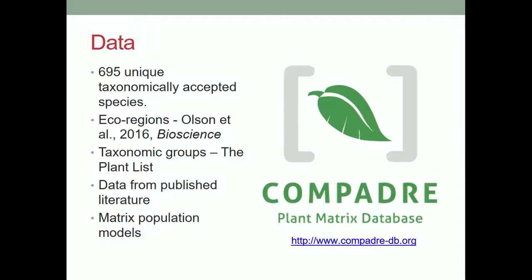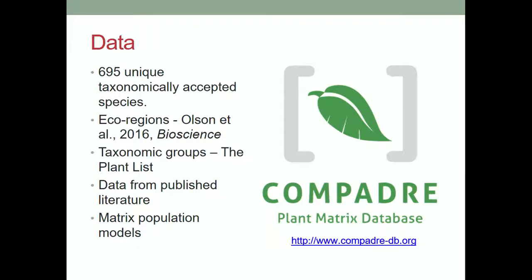As Ian explained in the last talk, I'm working with Compadre as well. It's a plant matrix database containing 695 unique species. I have not used all of them. I've limited the species to ones where there are more than 5 matrix projection models already present in Compadre.